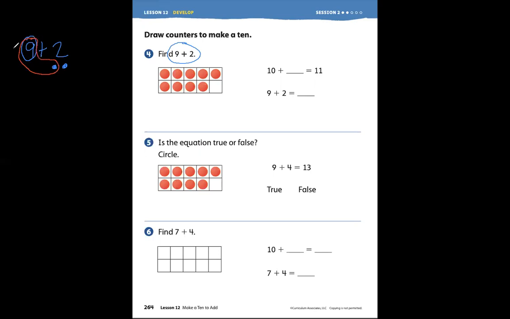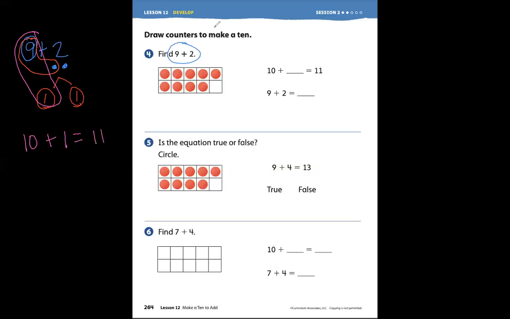So what did we do? We circled one of those dots, right? So the 2 is now going to be divided into a 1 and a 1 over here. But we've already used 9 and 1, right? 9 plus 1 equals 10. Again, plus 1 more. What is 10 plus 1?